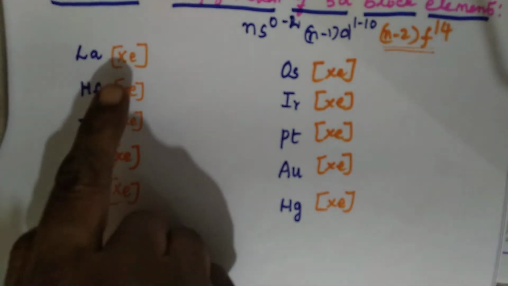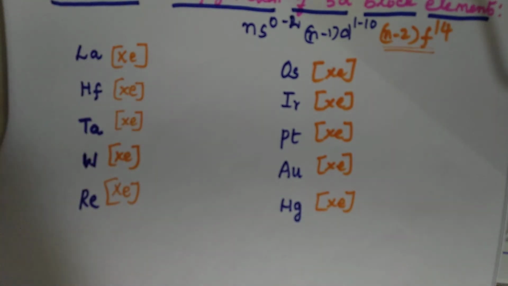While writing xenon, after writing 36 for krypton, you add another 18, because only 18 go for 4 and 5, then 6 and 7 take 32. So 4 and 5 go with 18 only. We add another 18 to 36, and 36 plus 18 is 54. So for xenon, the number of electrons is 54.